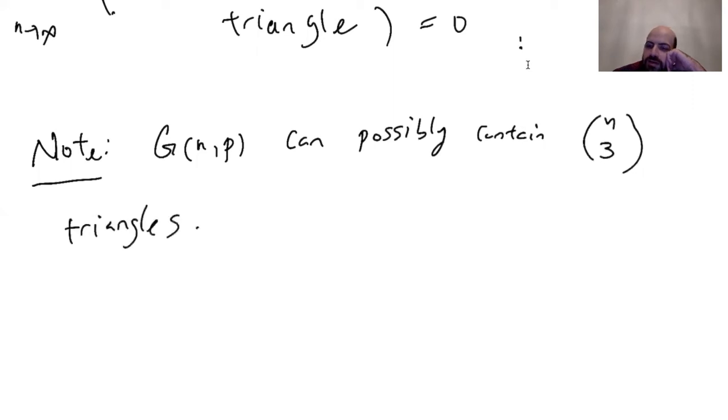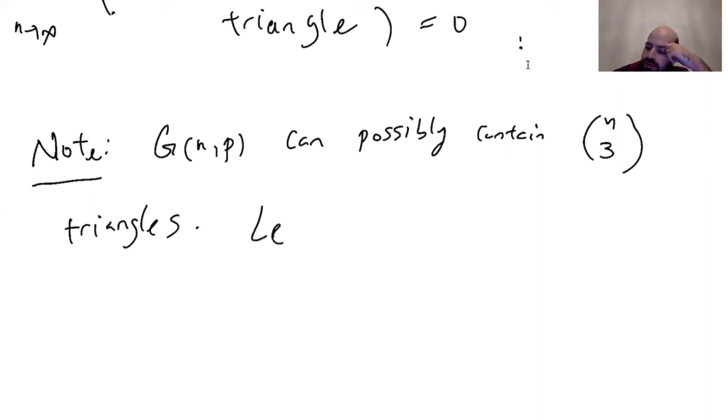G of n and p contains n vertices, so any 3 vertices that I choose can possibly form a triangle, if the triangle can be formed there. I can have possibly one triangle there. So in total, I can have n choose 3 triangles.